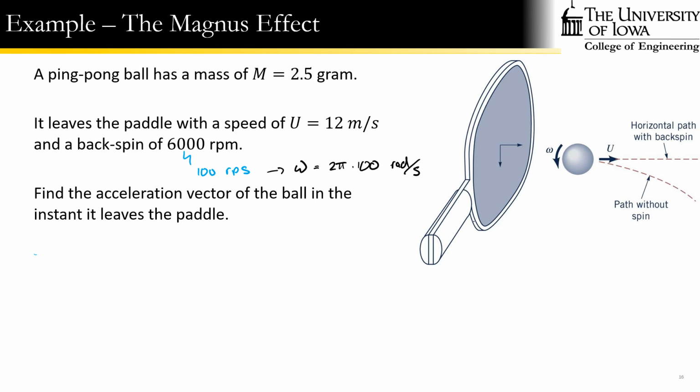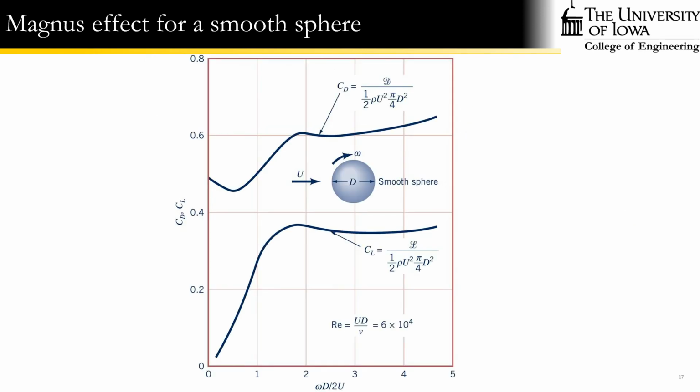And to find the acceleration, a free body diagram is going to come into play, where you find the lift, you find the drag, and then you know the mass of the ball. When it's traveling at 12 meters per second, you have your velocity, you know the area because you know the diameter of the ball, and then the backspin you can use to find the lift and the drag coefficient with this plot here.